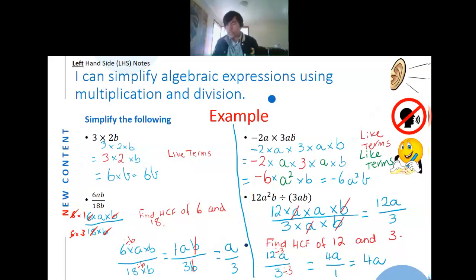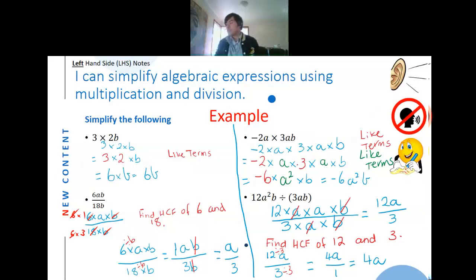Then our third example, we've got a negative number. We've got negative 2a times 3ab. So expanding this, we have negative 2 times a times 3 times a times b. Group the numbers together and also the letters together.